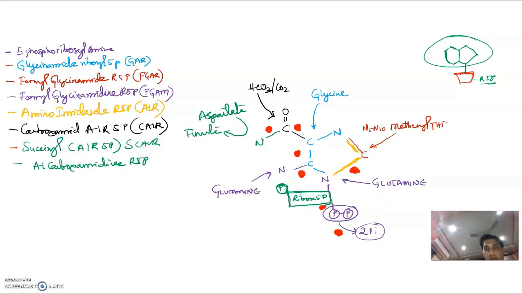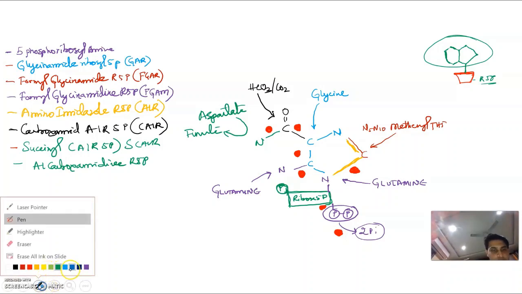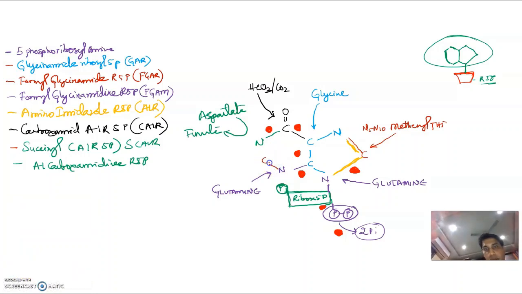Now the final carbon that is attached comes from N10 formyl tetrahydrofolate, and now it becomes formyl aminoimidazole carboxamide ribosyl 5-phosphate. This step doesn't require an ATP.